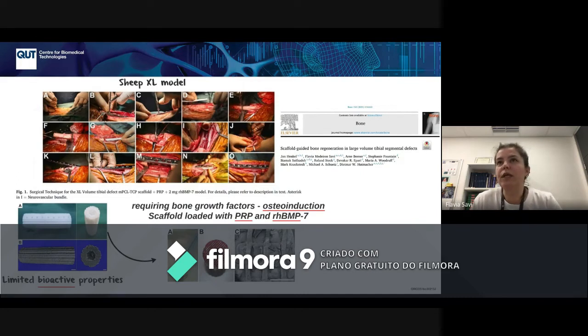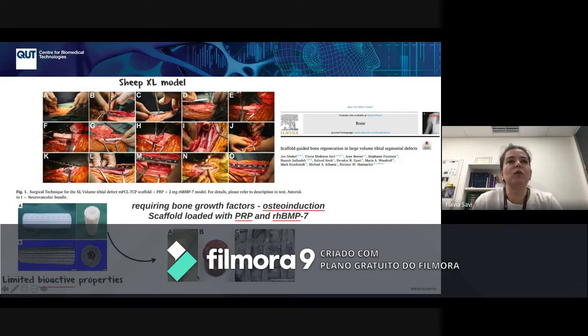Another model that we had here was also an XL defect, which was double that defect, so a 6 centimeter defect. That study that I presented first has not been published yet, but this one has already been published in the Bone journal, and was a 6 centimeter defect.